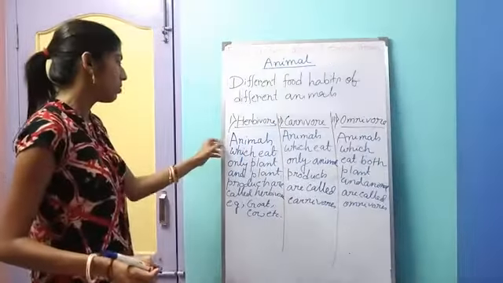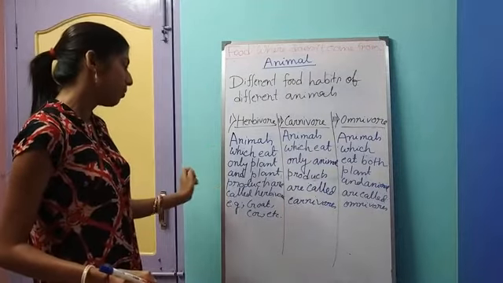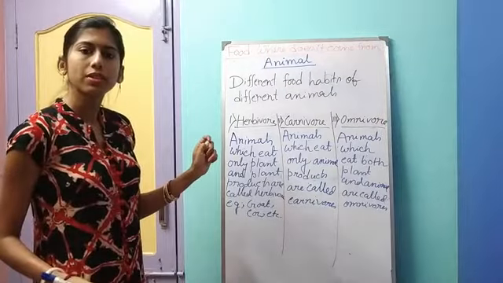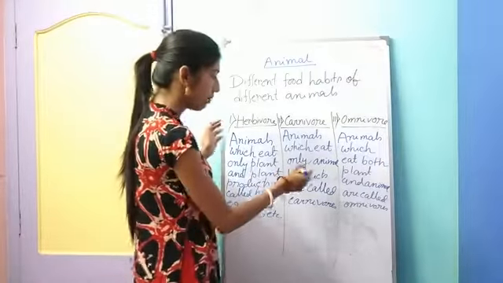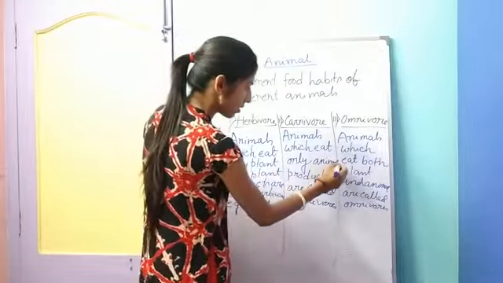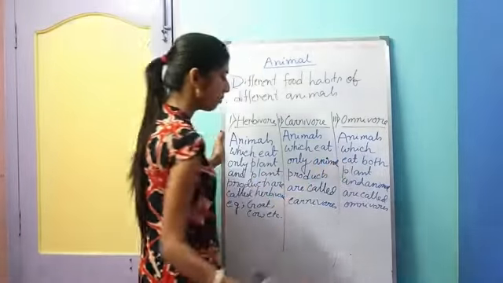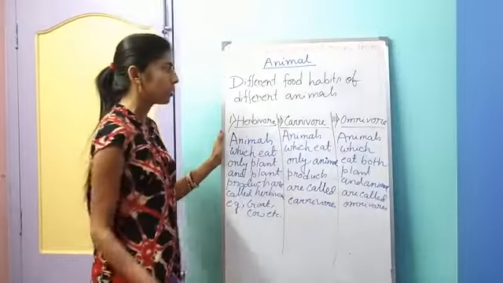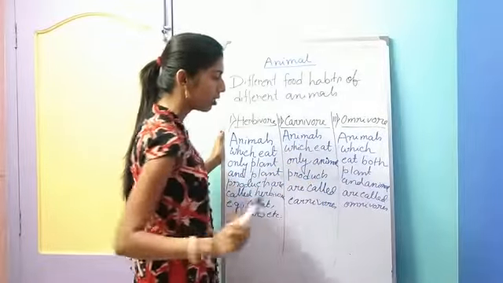So animals which eat only plant and plant products are called herbivores, example goat, cow, etc. Animals which eat only animal products are called carnivores, and animals which eat both plant and animal are called omnivores.